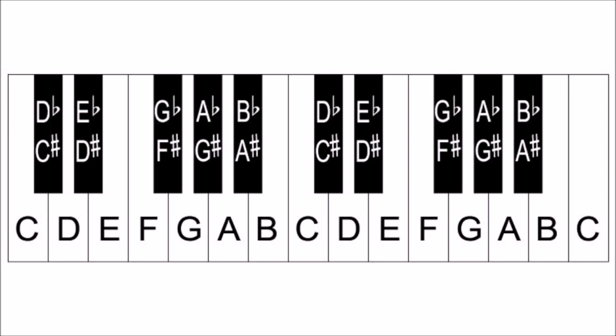For instance, C to the black key after it is a semitone. E to F, the note after E, is a semitone. If you move from key to key without skipping any key, you are playing semitones each time.